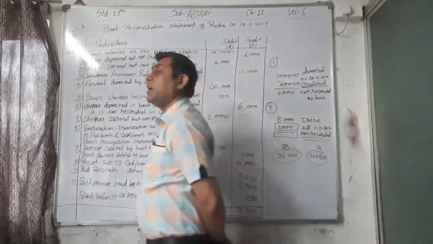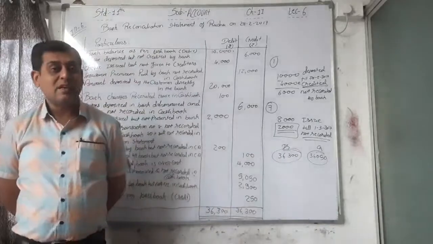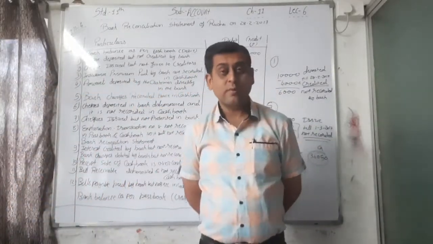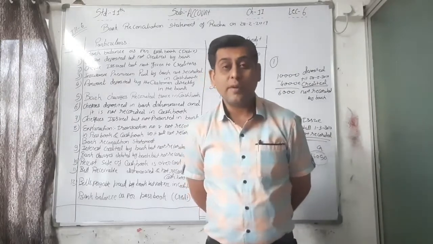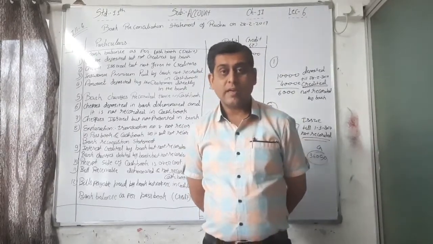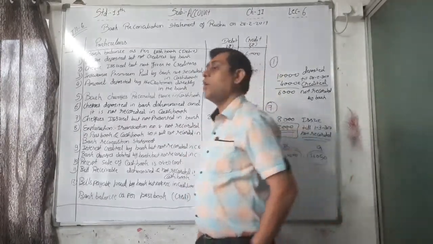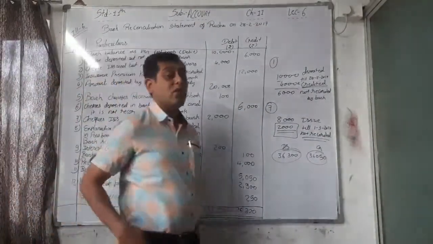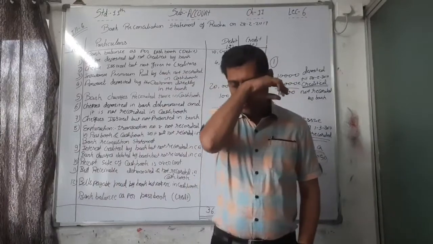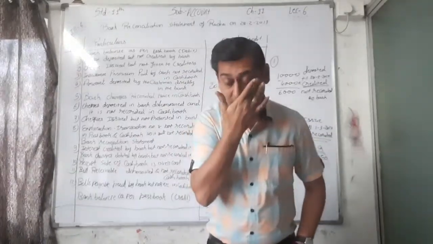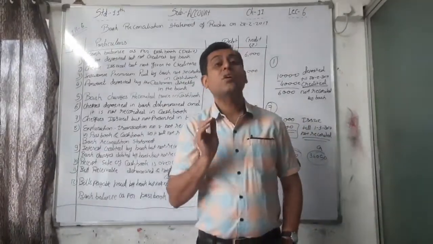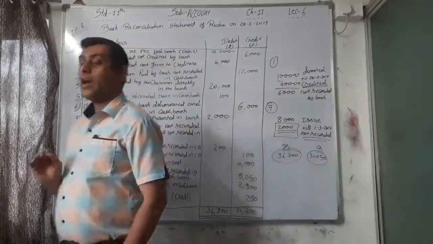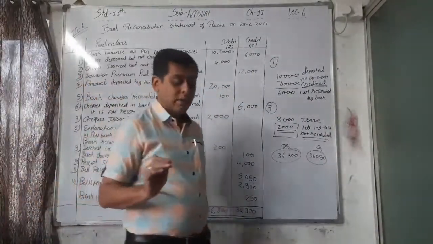Write down that 12,000 near the 7th point, and it is debited. Not recorded 18,000, presented 6,000, but the difference of those two amounts, 18,000 minus 6,000, that is 12,000, you have to record on the debit side, as per the rule. Issued, debit.